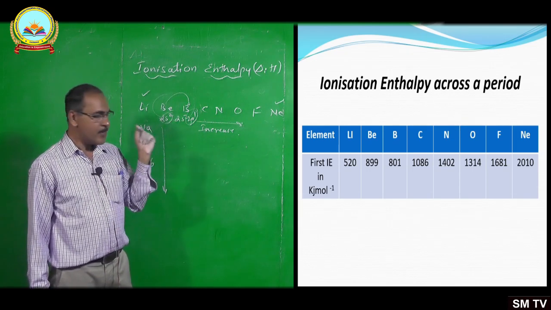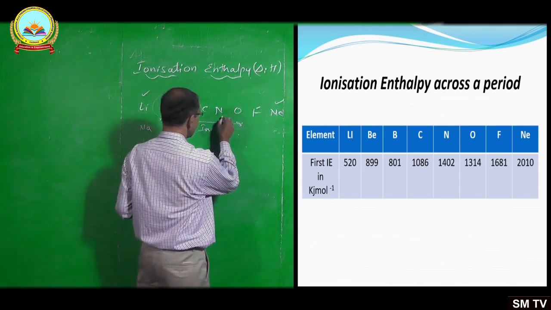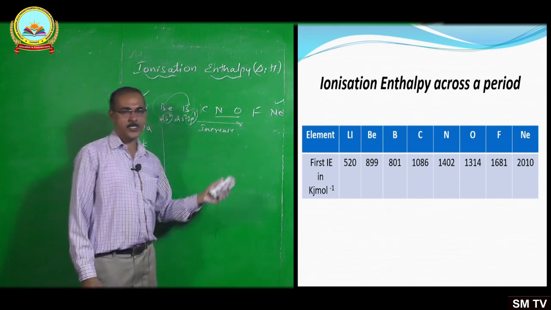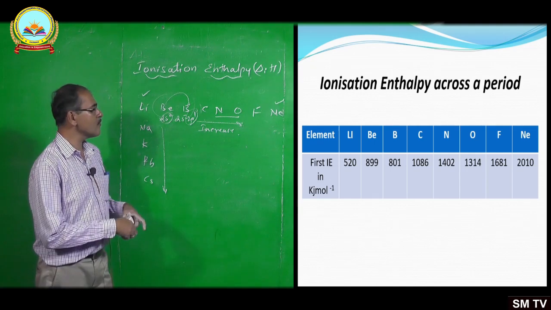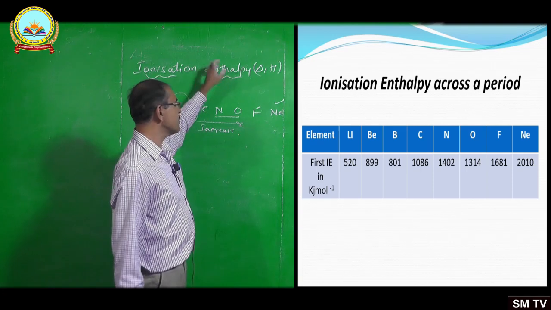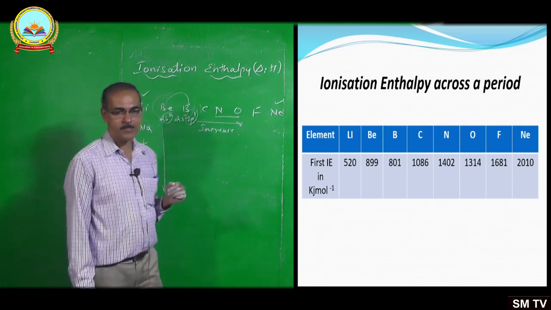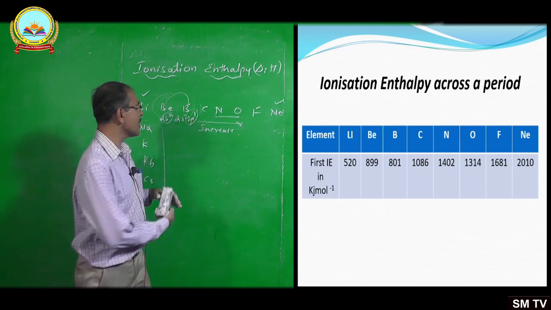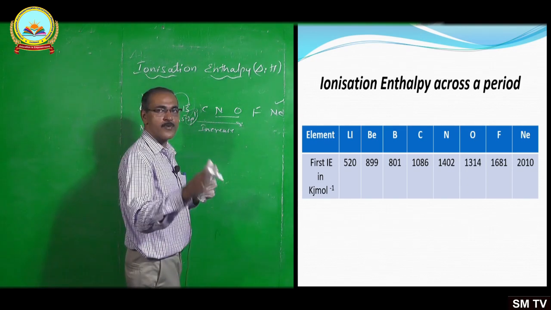Similarly, the ionization enthalpy of nitrogen and oxygen, just see the values. The value of ionization enthalpy of nitrogen is higher than that of oxygen. Why is it so? Nitrogen has a half filled configuration.